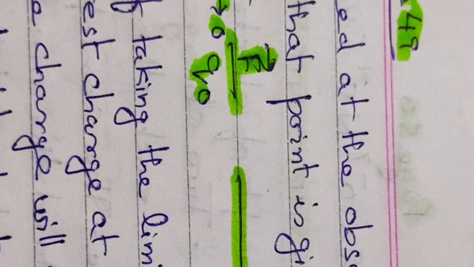The idea of taking the limit q naught tends to 0 is that on placing the test charge at the observation point, the source charge will not be disturbed.